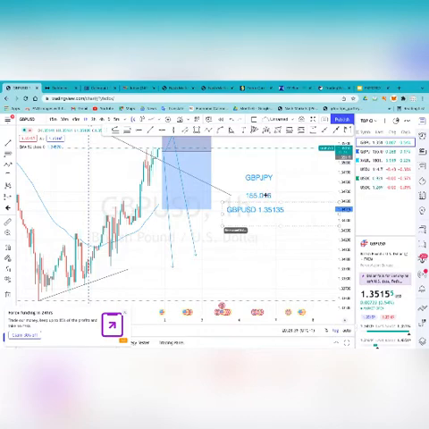So this is 1 pip, 10 pips, 100 pips, 1,000, 10,000 pips. It's just similar, but the thing here is that the value actually starts from the second decimal point.